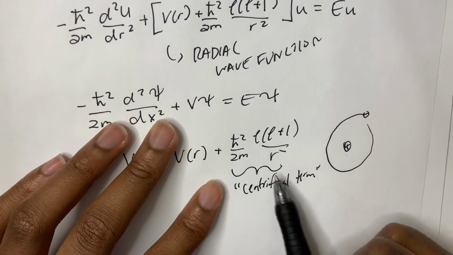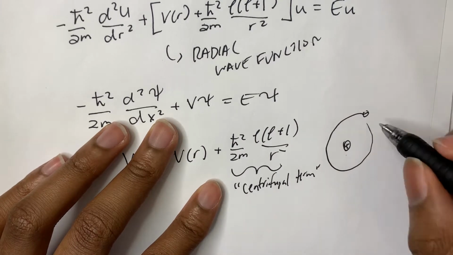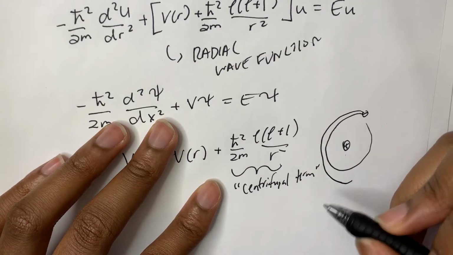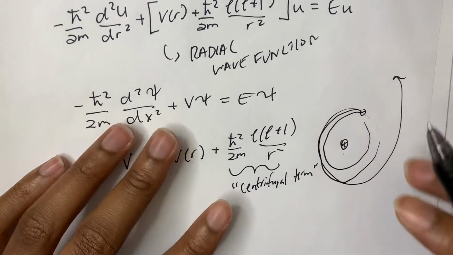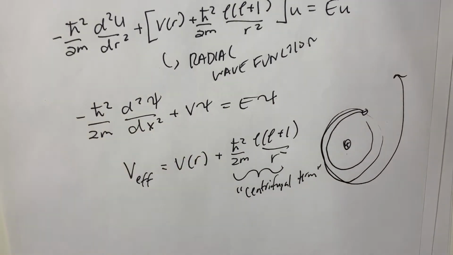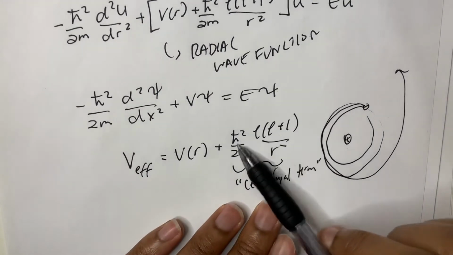And this term is going to tend to throw the electron off its natural orbit, kind of move away. It's like how if you're on a merry-go-round or spinning, you feel a force pulling you back, and this is what this term does.